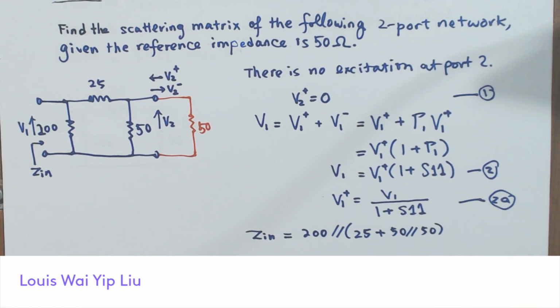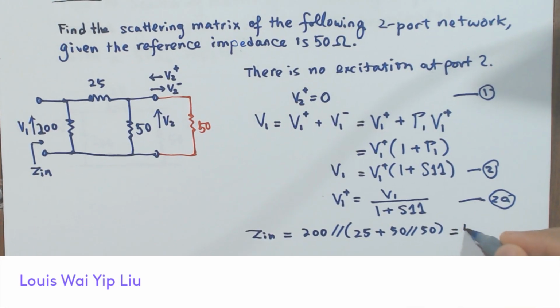If you do it very carefully, you will find that this is 25, 25 plus 25 is 50, and 50 in parallel with 200 is 40.